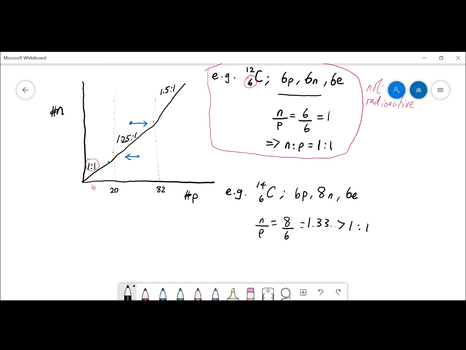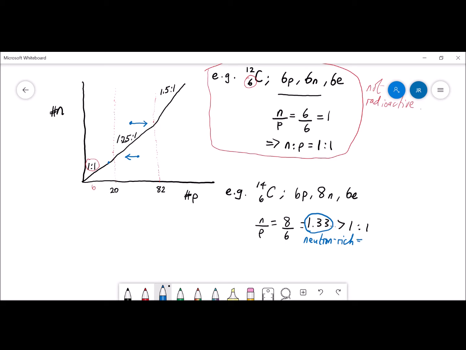So if you've got 6 protons, you should have a ratio of neutron to proton 1 to 1 to be stable. And this is clearly greater than that. So because this is too large, we've got evidence that this isotope is neutron rich. It's got too many neutrons.